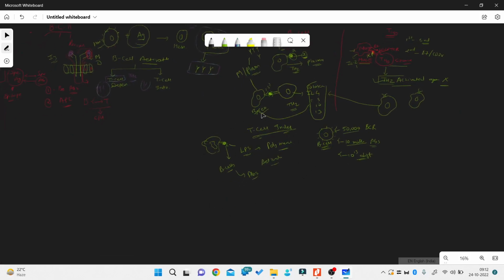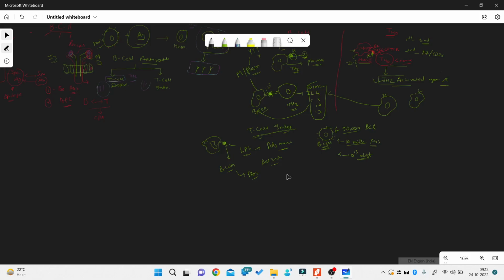And in the T cell independent pathway, mainly polymeric antigenic substances will activate the B cells. So no T cell is required here, and B cells get activated, but no antibody producing plasma cells are produced or differentiate in the case of T cell independent B cell activation, and that's why it is less important from our immunological point of view.